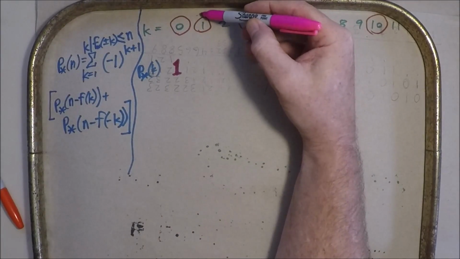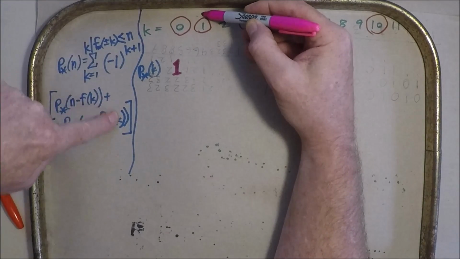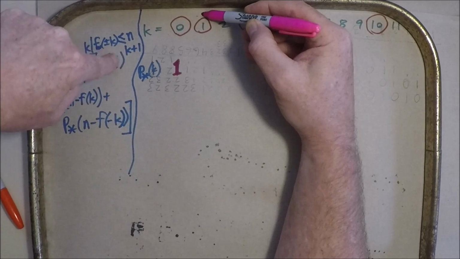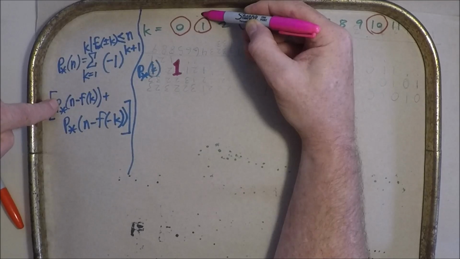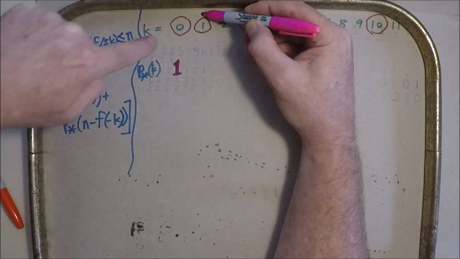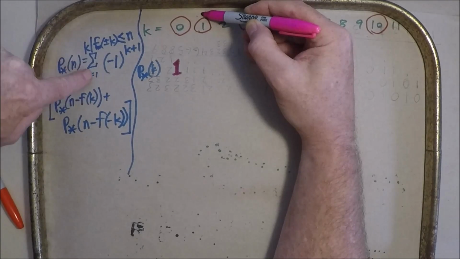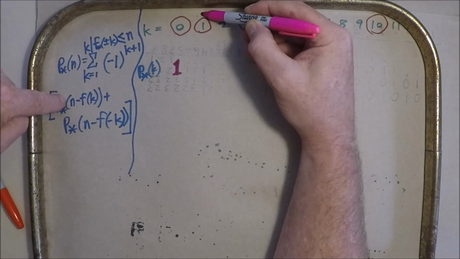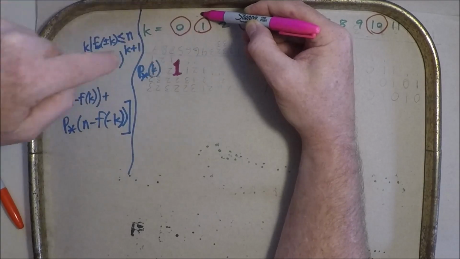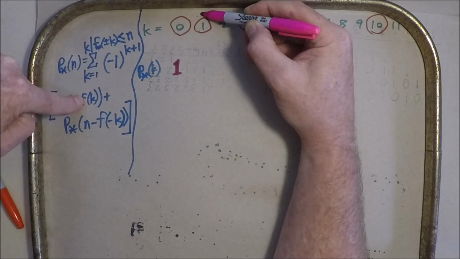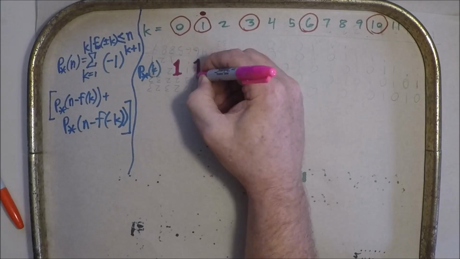So if we take n equals 1 in this, then this is going to be negative 1 squared, so it'll be positive, and this will be P star of n, which is 1, minus f of k, which is 1, and f of 1 is 1, so this is P star of 0, which we just defined to be 1.